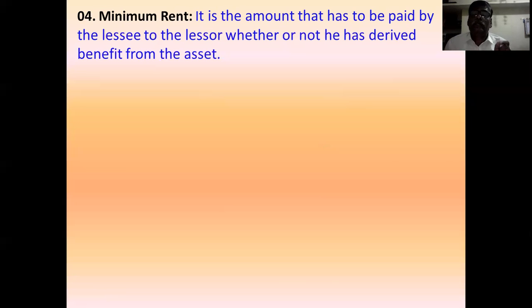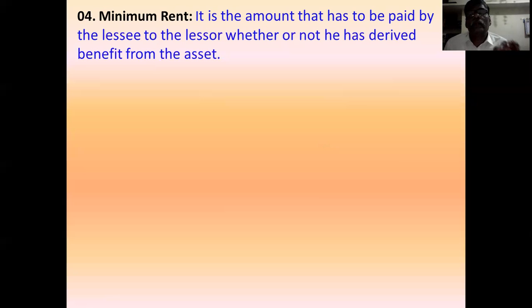And if the lessee has derived the benefit from the asset, but that benefit is not up to the mark or not up to the normal level, then the minimum amount is to be paid to the lessor by the lessee. That amount is called minimum rent.